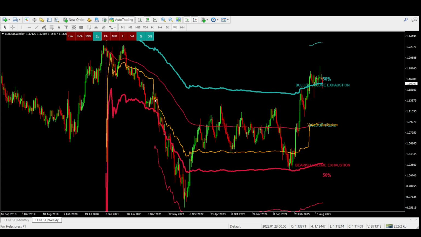What happened? The market proceeded again without breaching the volume equilibrium. Drop, drop, drop, drop, drop. And the check of the equilibrium again was here at this point. This is the end of the bearish trend here.